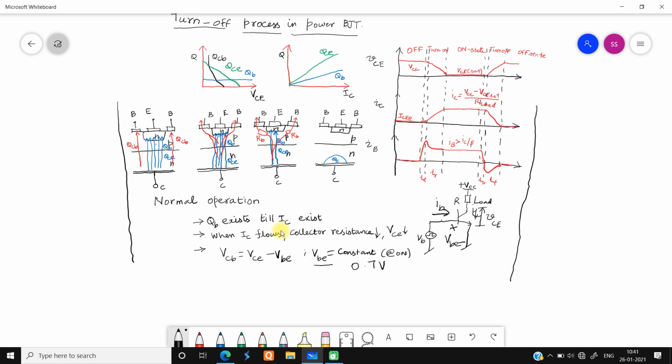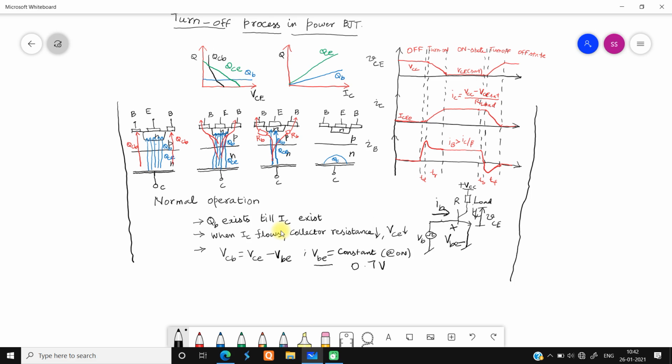Since that is the case, when the IC flows inside the device, the collector resistance is reduced enormously. Since that is the case, the VCE is reduced enormously, so the buildup of the QCB and the QB and QCE in continuation, that particular accumulation of the charges, will be very high.